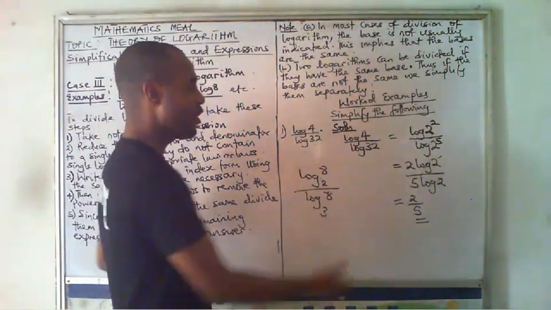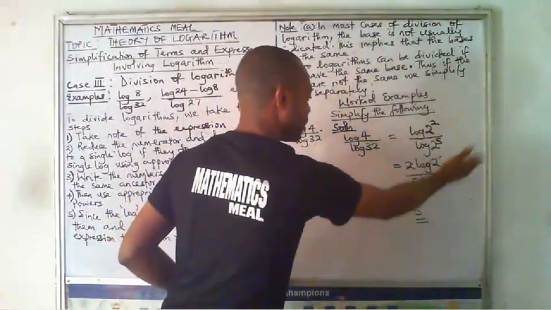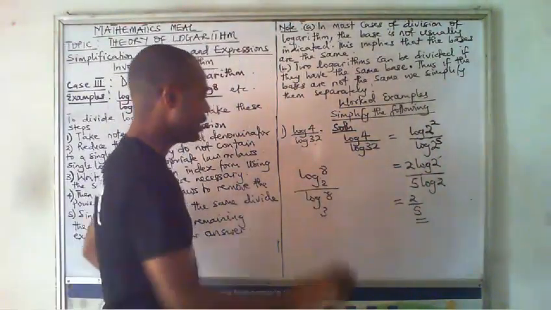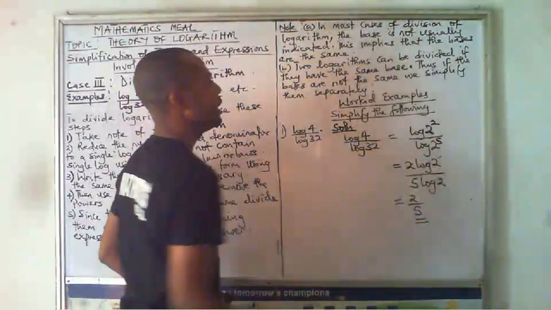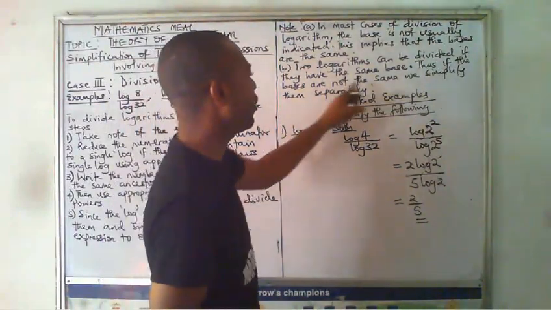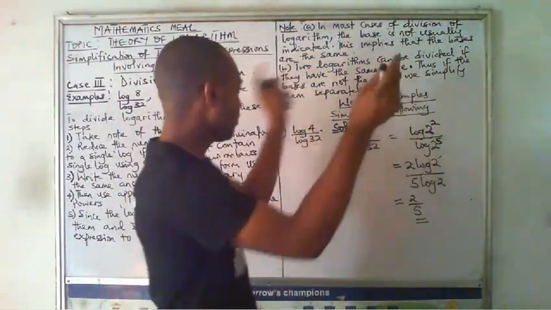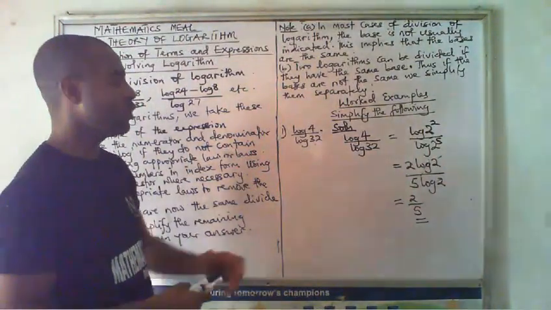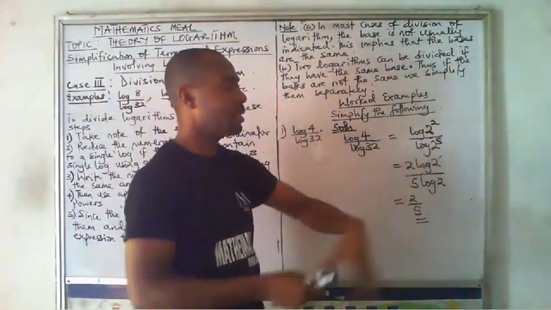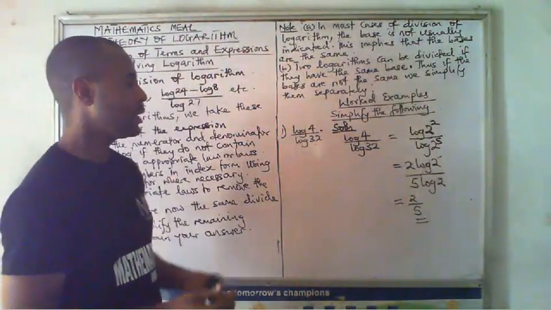So once they have the same base, that's when it's possible for you to actually divide them. If the bases are not the same, we simplify them separately, like we did in case 2.